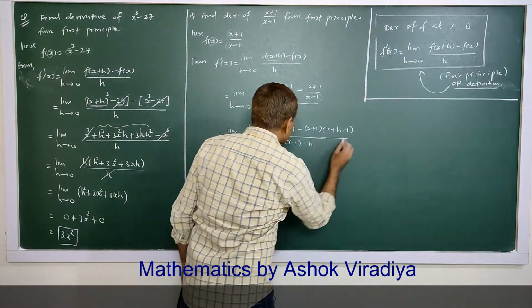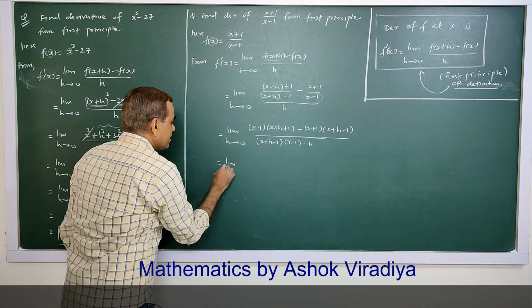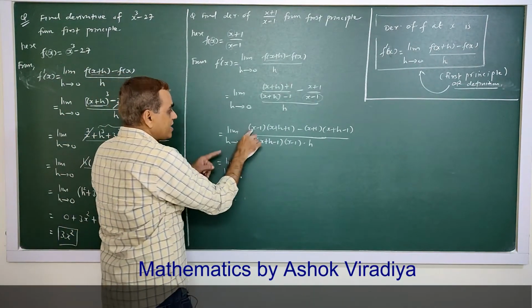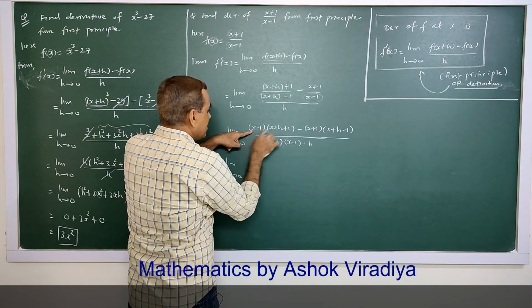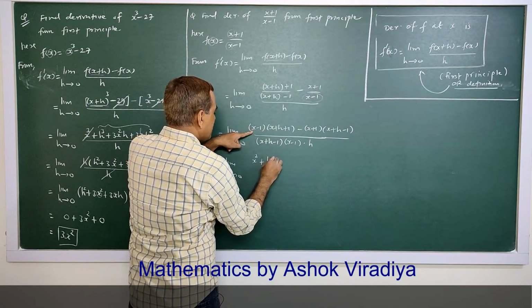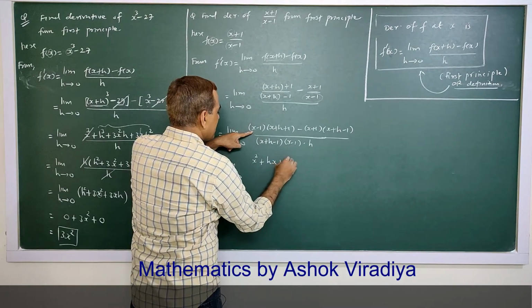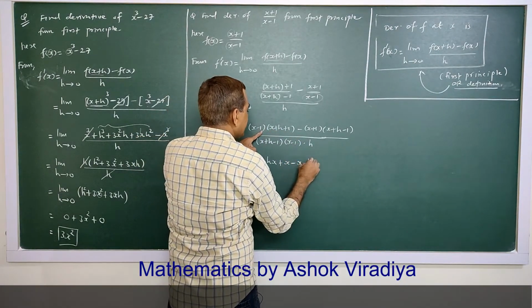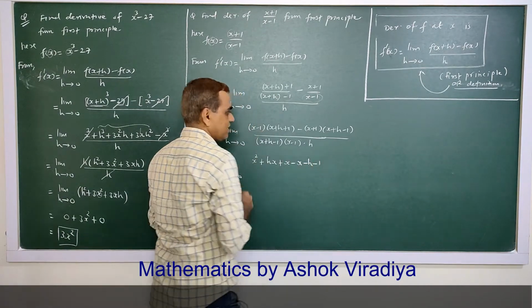Now simplifying this, limit h tends to 0, x into x is x square plus hx plus x minus h minus 1.